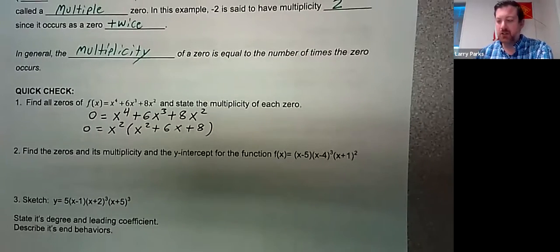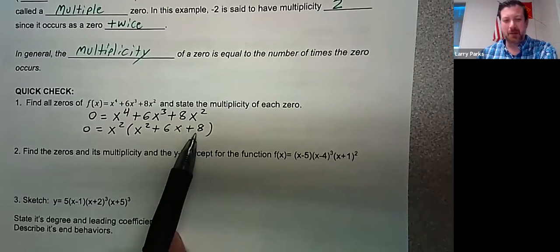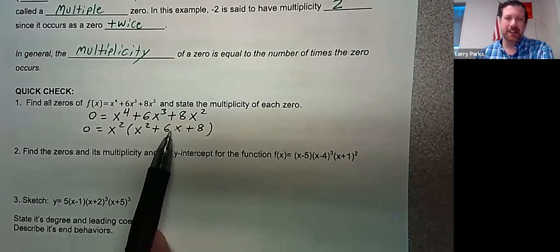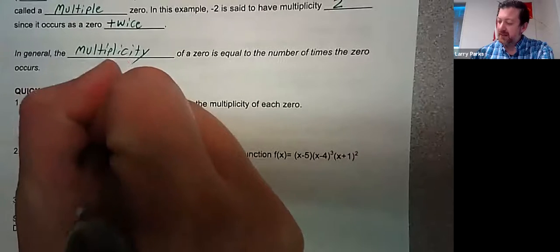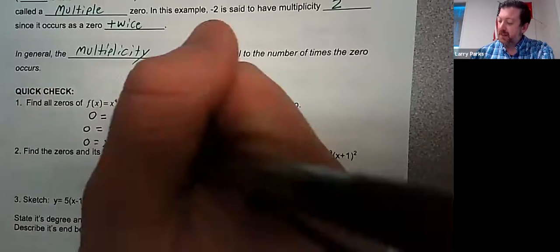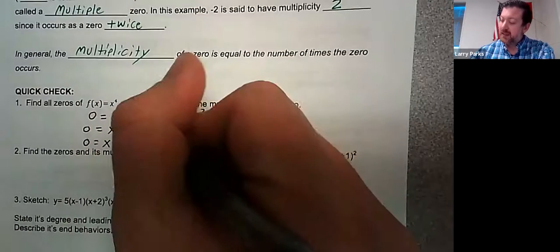And now you should know how to factor this. I need 2 numbers that multiply to 8 but add to 6. That'd be 4 and 2. So I get 0 is x squared times x plus 4 times x plus 2.